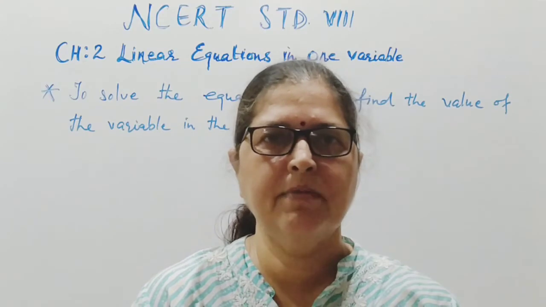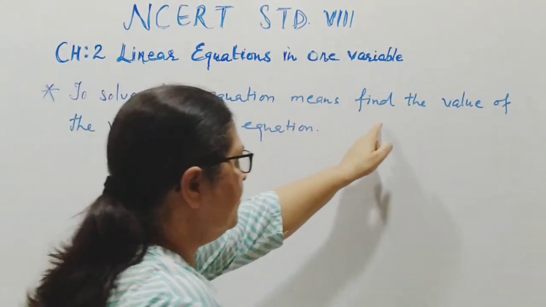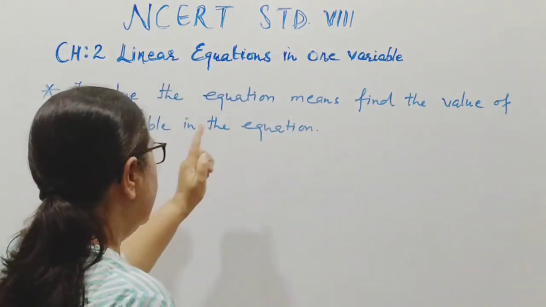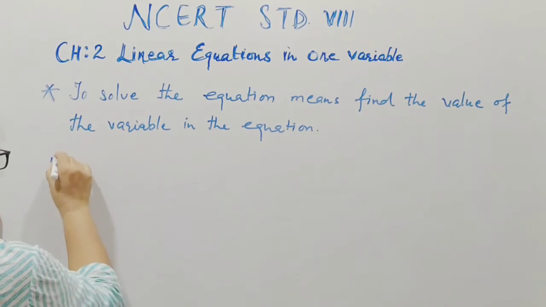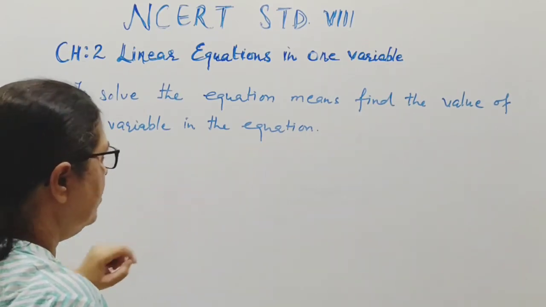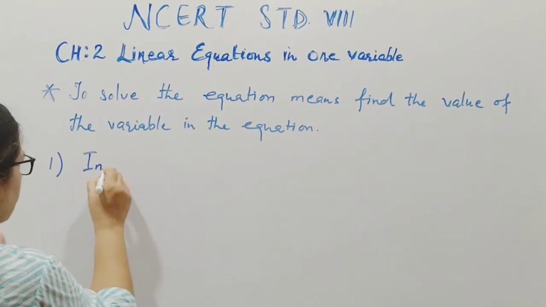Now we come to the main part of the topic, that is to solve the equation, which means to find the value of the variable in the equation. We use two methods to find the value of the variable or to solve the equation. Number one, inverse operation method.